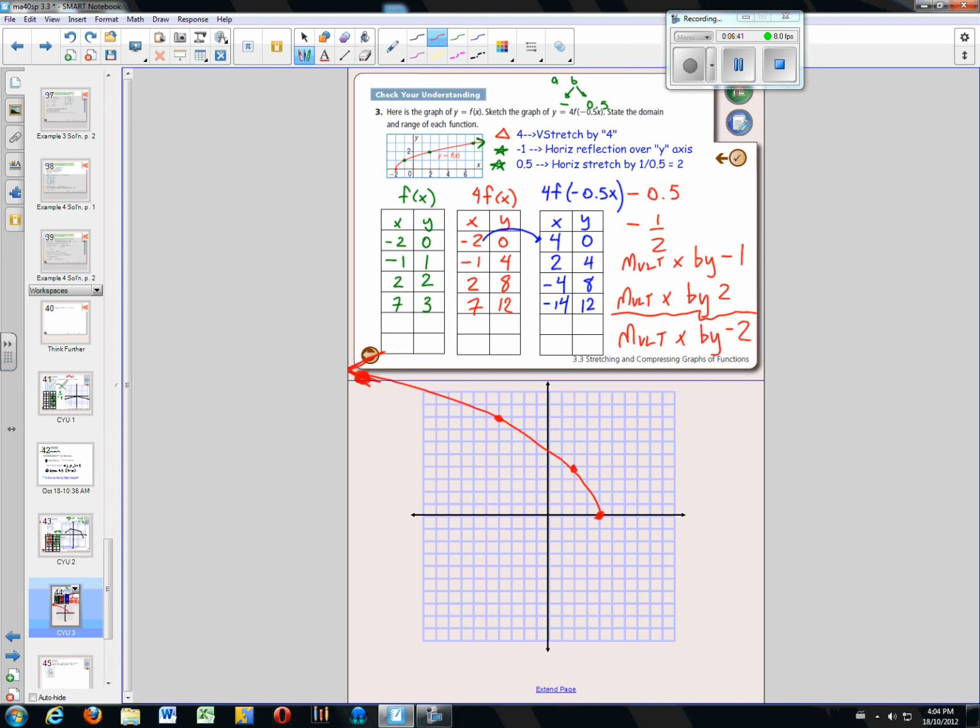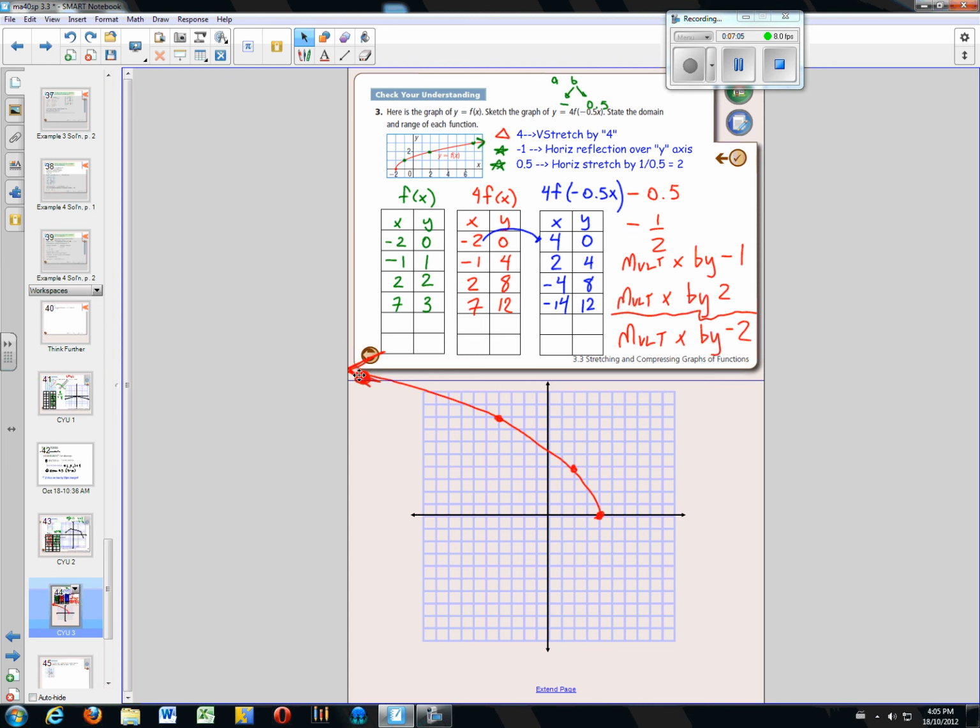Does this graph look like it's been stretched vertically by 4? Definitely. Y is 4 times what it used to be. Does it look like it's been horizontally reflected? Definitely. It now goes to the left. Does it look like it's been horizontally stretched by 2? Definitely.